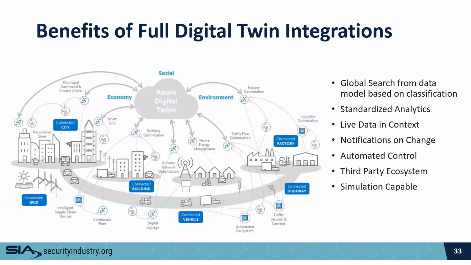So we talked about a lot of different data sets, and what are we going to do with this data? We have visual data, analytics, telemetry, different types of video streams from cameras, and access control. So what do we do with the data? There's the idea of a digital twin, and it doesn't have to be citywide. It can be application specific and small in the outcomes we're looking for.